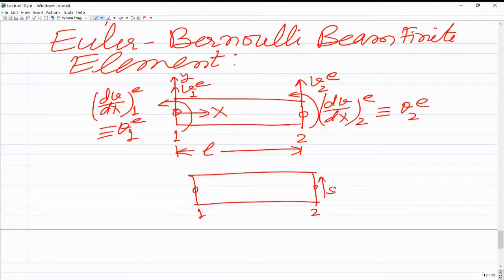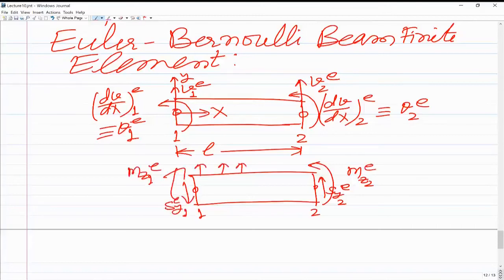Let us say that is sy2 for the element, and there is a bending moment, let us say mz2 for the element. Similarly on the left side you will have sy1 for the element, and a bending moment mz1 for the element, and there is a distributed force. I think the arrow is not very well drawn.